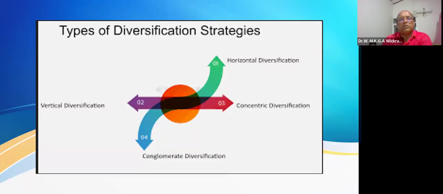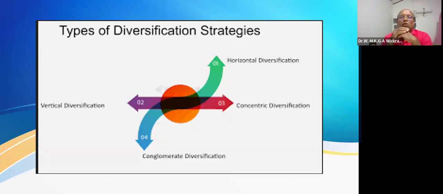So one group company having so many subsidiaries doing different businesses. That is called conglomerate diversification. They are into industry, insurance, tourism, hospitals, different types of business, but they are under one umbrella.